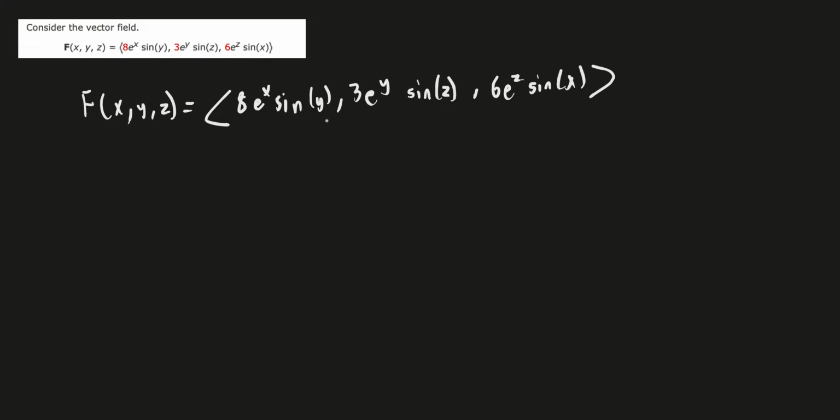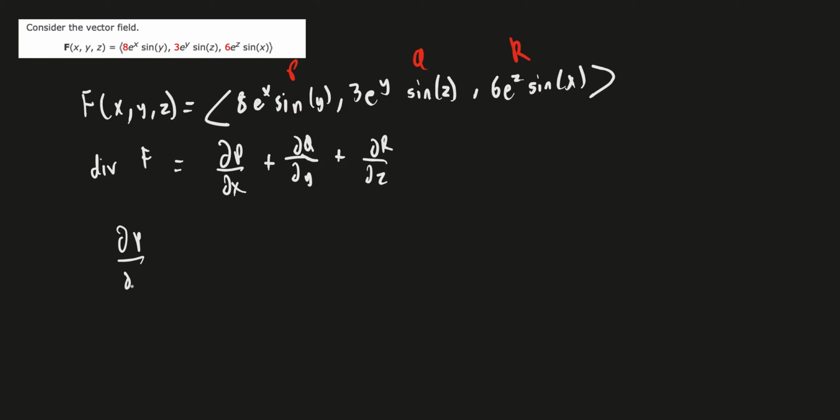Alright, so this is P, this is Q, this is R. So we want to find the divergence, which is going to be equal to what? It's going to be equal to partial P partial x, partial Q partial y, partial R partial z. Partial P partial x is quite simple.